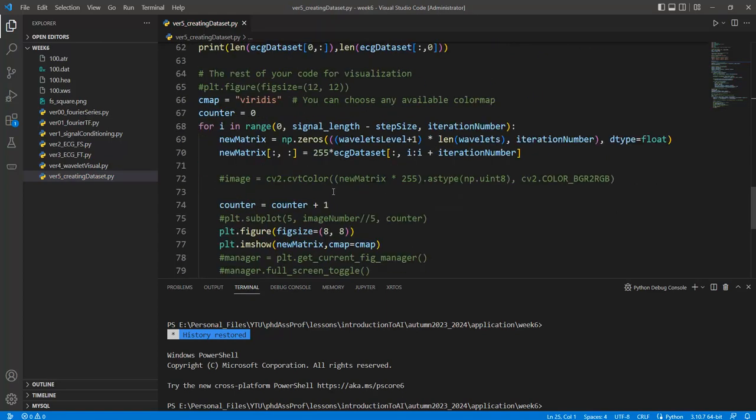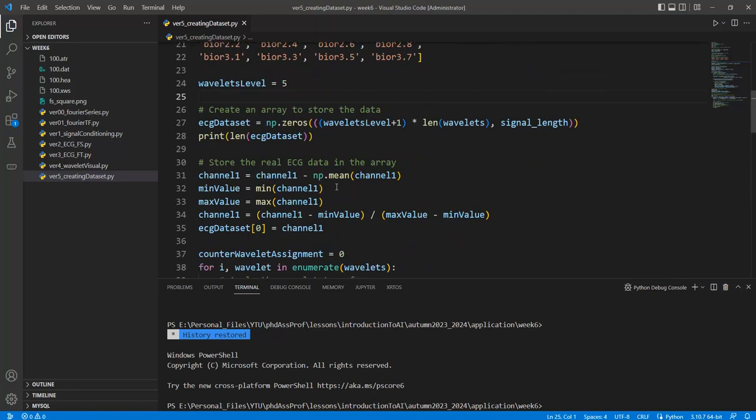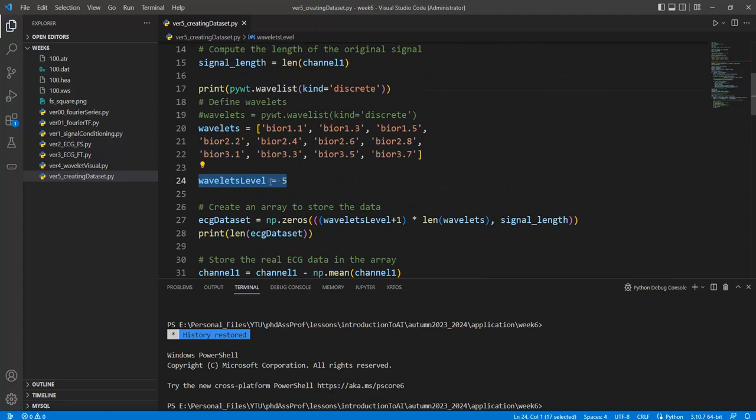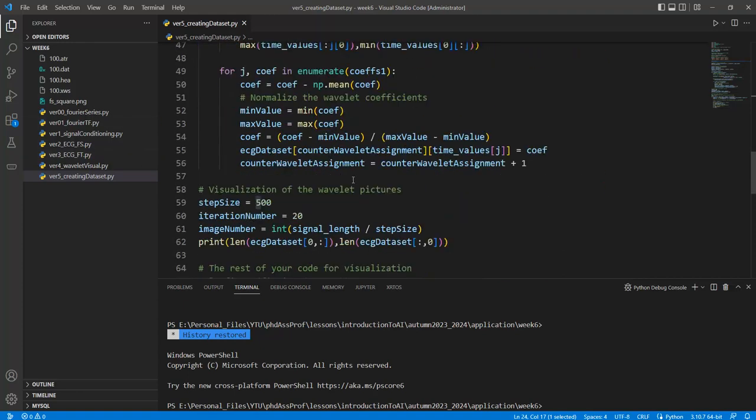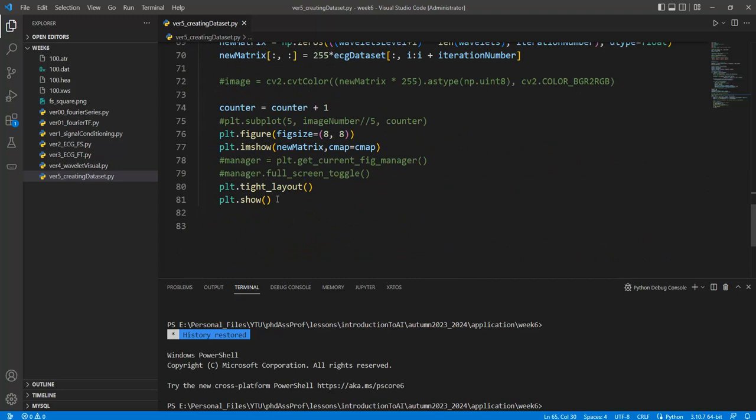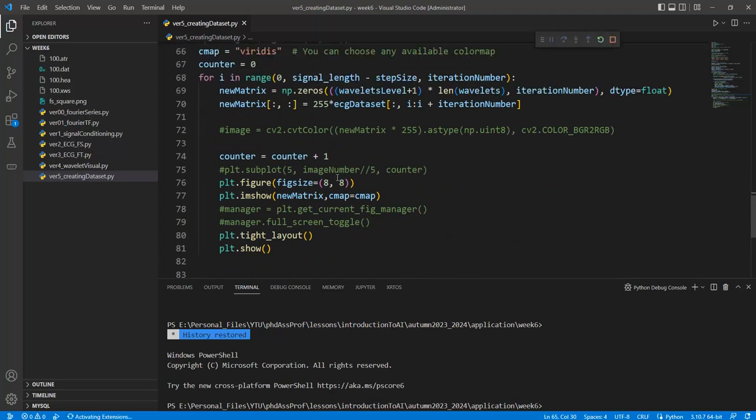But with a simple example, the ECG signal is one-dimensional data, and we can convert each level, 5 levels of wavelets, with 1, 2, 3, 4, 5, 6, 7, 8, 9, 10, 11. 11 times 5 is equal to 55, and 55 values can be seen on this page, like this one.